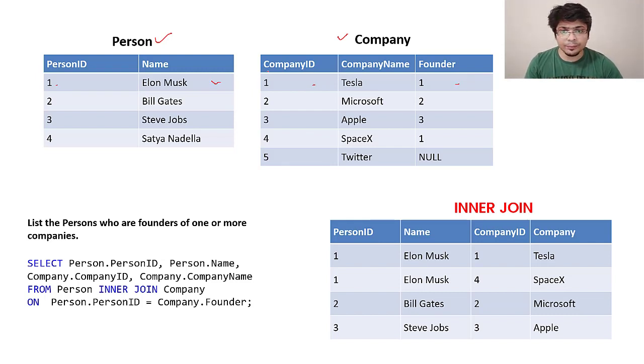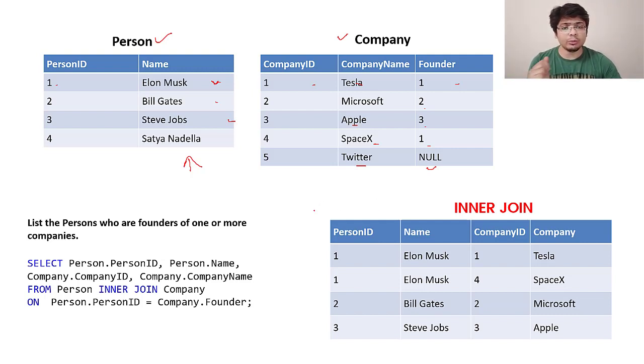Elon Musk. Okay. Then we have Microsoft, founder is number 2. Who is number 2? It is Bill Gates. Then Apple, who is the founder of this? Steve Jobs, which is 3 here as mentioned. Who is the founder of SpaceX? It is 1, which is Elon Musk again. Okay. Then we have Twitter, whose founder is not present in this table. That is why we have null here. Okay. So this is the initial table that we have.